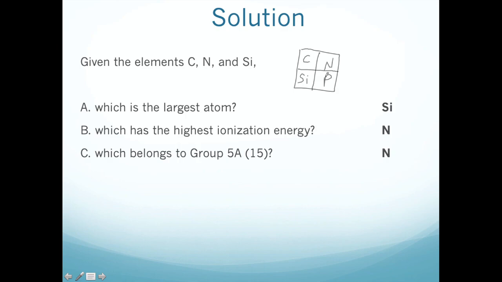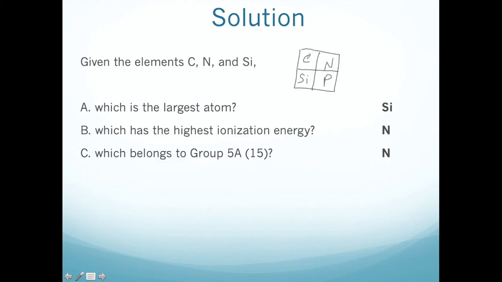So to answer that question, generally speaking, the changes going down your periodic table, down a given group, those gaps are larger. You see a bigger change than if you're going within a period. So to answer your question, phosphorus is much bigger than nitrogen. Carbon is only slightly bigger than nitrogen, so phosphorus is going to be bigger than carbon.